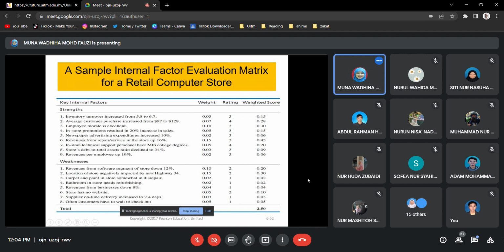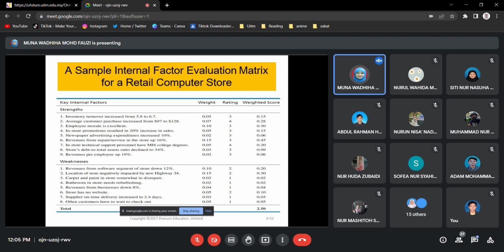Alright? The same goes for the other specific strengths and also weaknesses. For example, in terms of rating, it can range from 4 to 1. So 4 is a major strength, 3 is a minor strength, 2 is a minor weakness, and 1 is a major weakness.